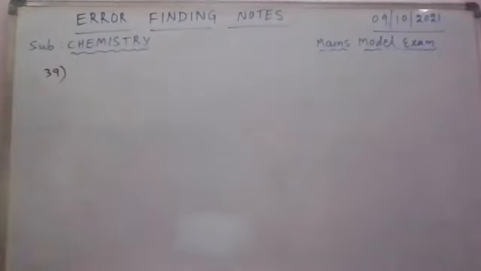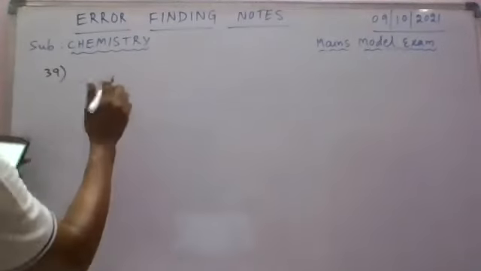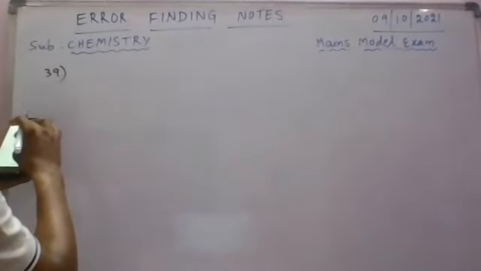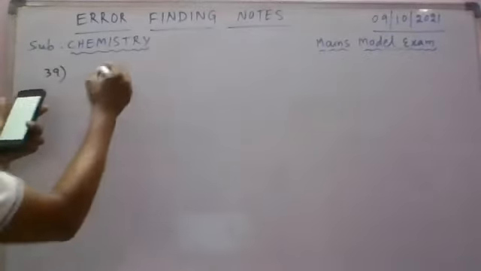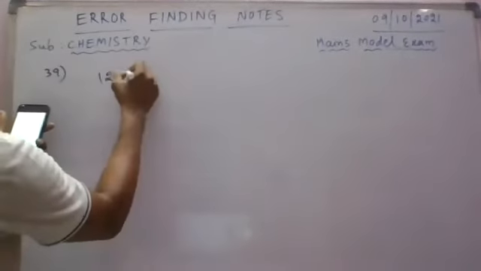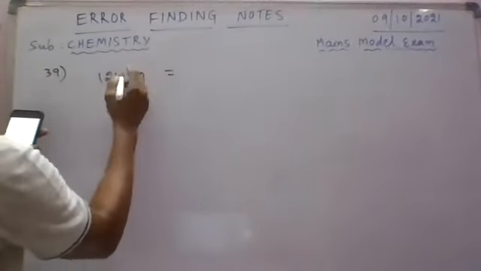Question number 39. This is about average atomic mass. Here, simple formula: antimony's average atomic mass is given as 121.50.